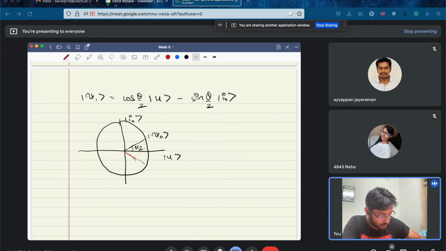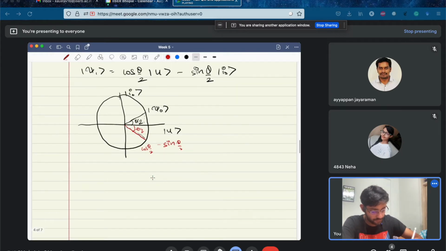color. So it has basically reversed the y-axis. So we have minus sine theta by 2, whereas we have plus cos theta by 2 as it is.